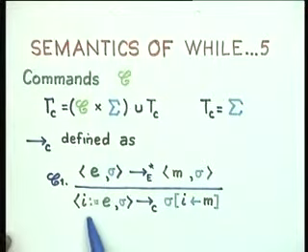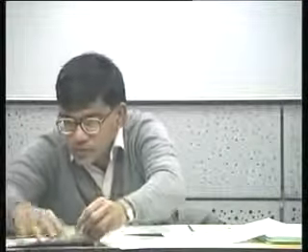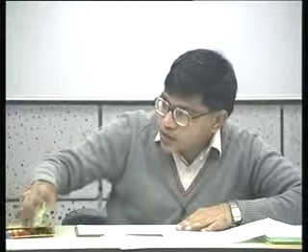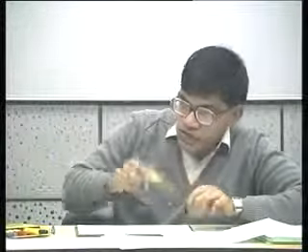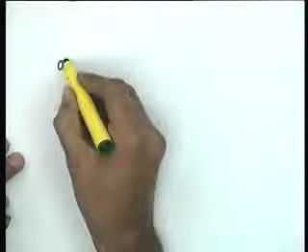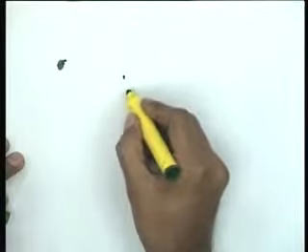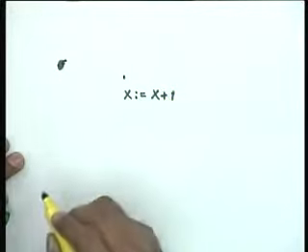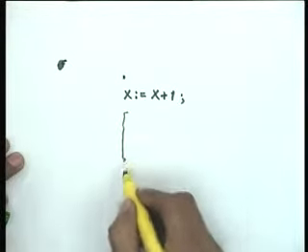For example, if you have a large command evaluated in a state, starting from some initial state sigma naught, so let's have some large command, maybe with some assignment here, and something else.